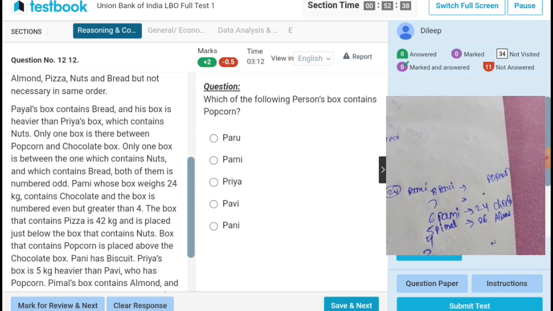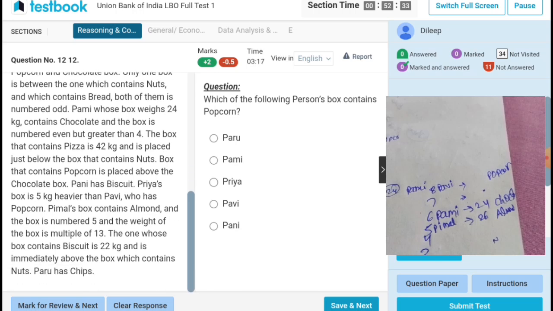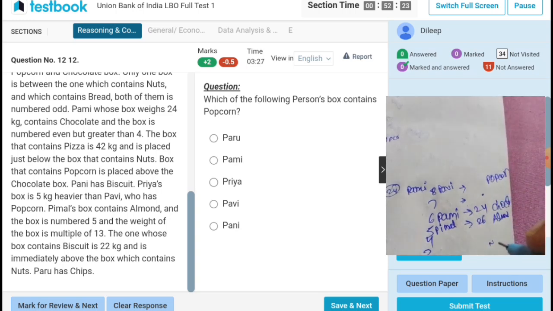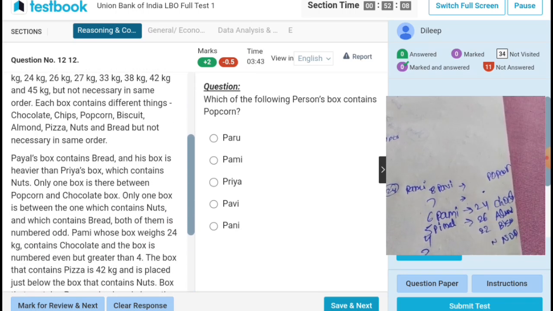Paneer's biscuit. Biscuit is 22 kg and is immediately above the nuts. Biscuit. So nuts and bread.